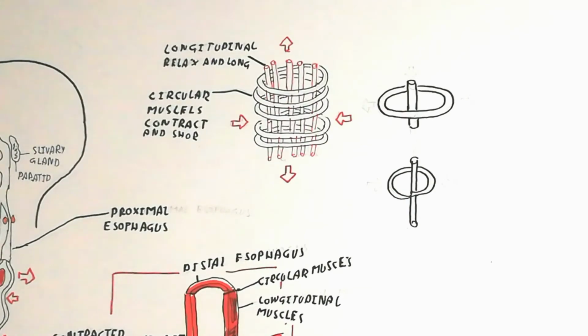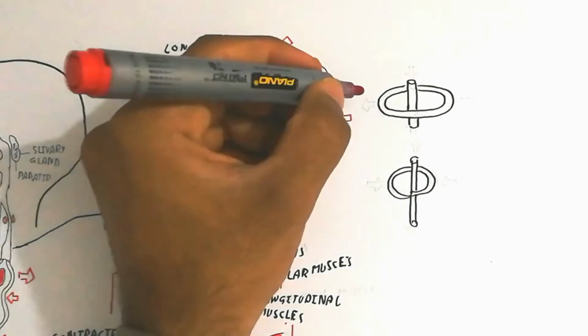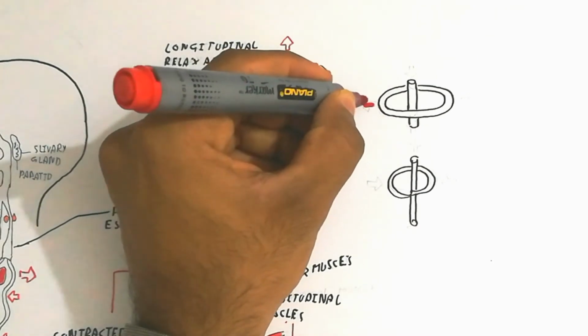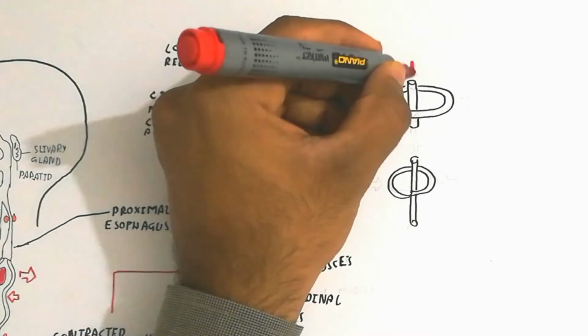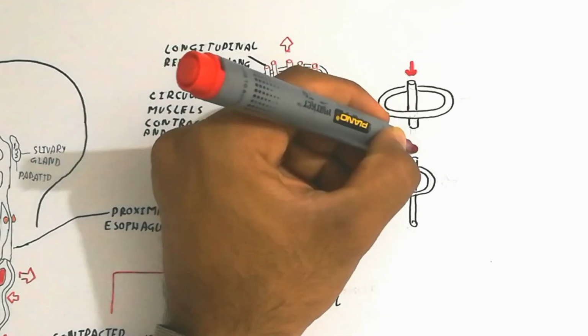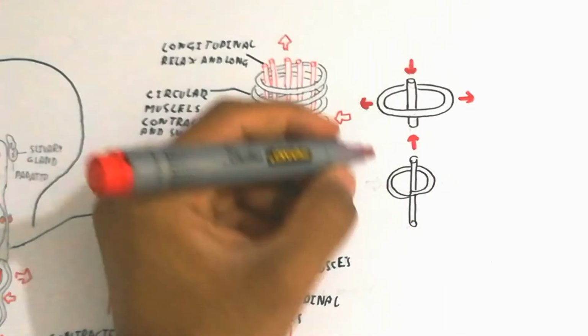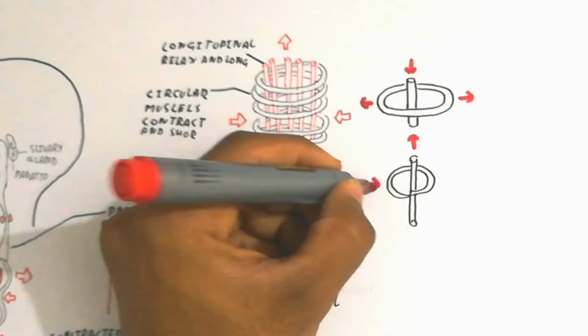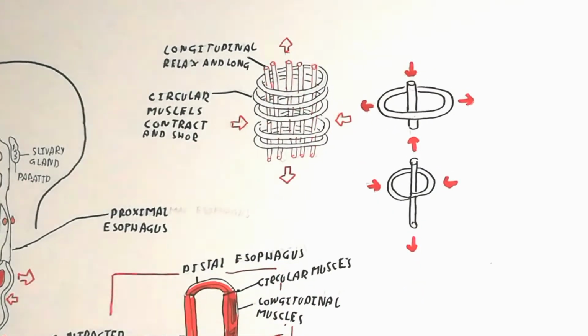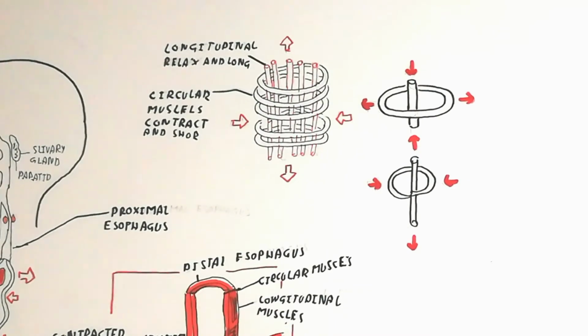That is the simple science, the basic concept of peristaltic movement. The movement goes downward, then shortens here, and here it extends and becomes larger, and here it is shorter, and here is the extension of the longitudinal muscle.